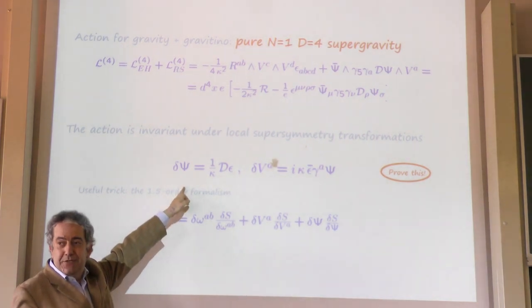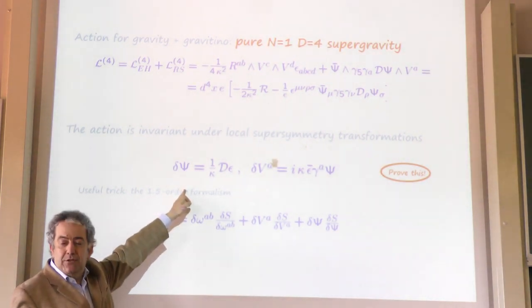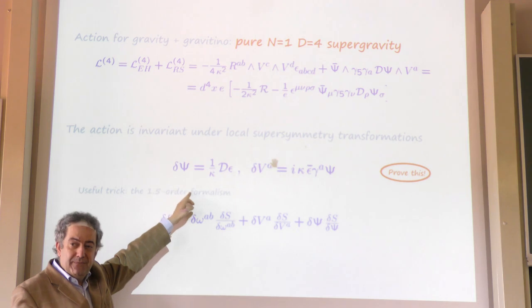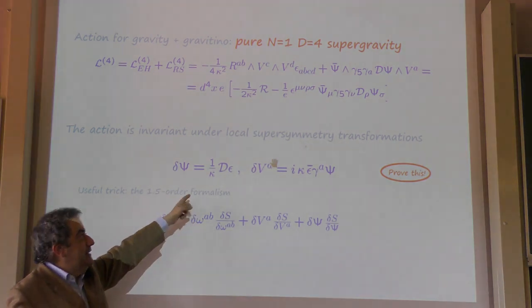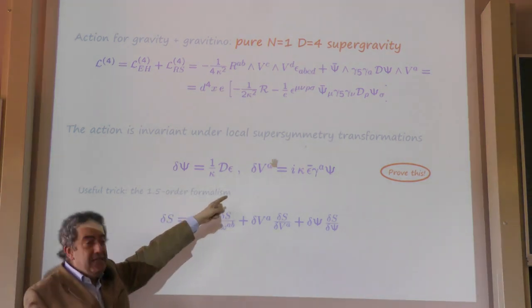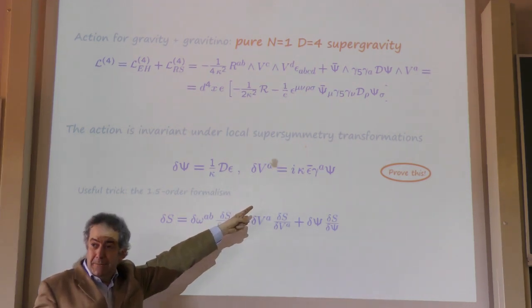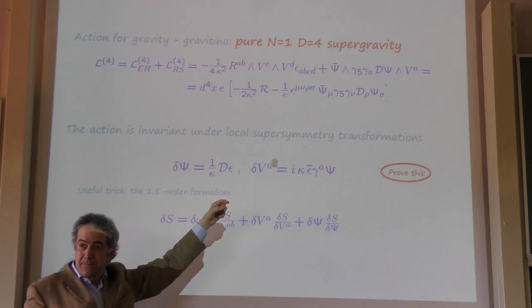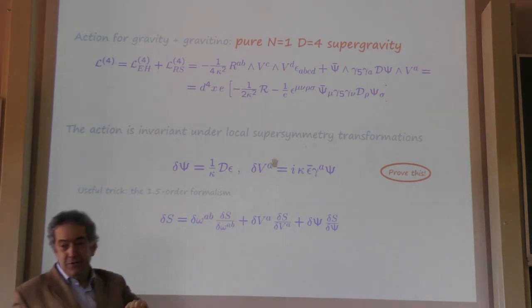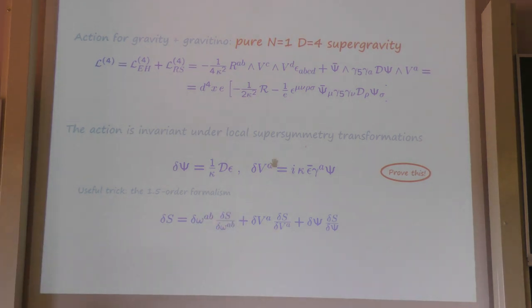This is the supersymmetry translation that we want to demand for a consistent definition, and check that everything is consistent provided V, the vierbein, is transformed according to that law.